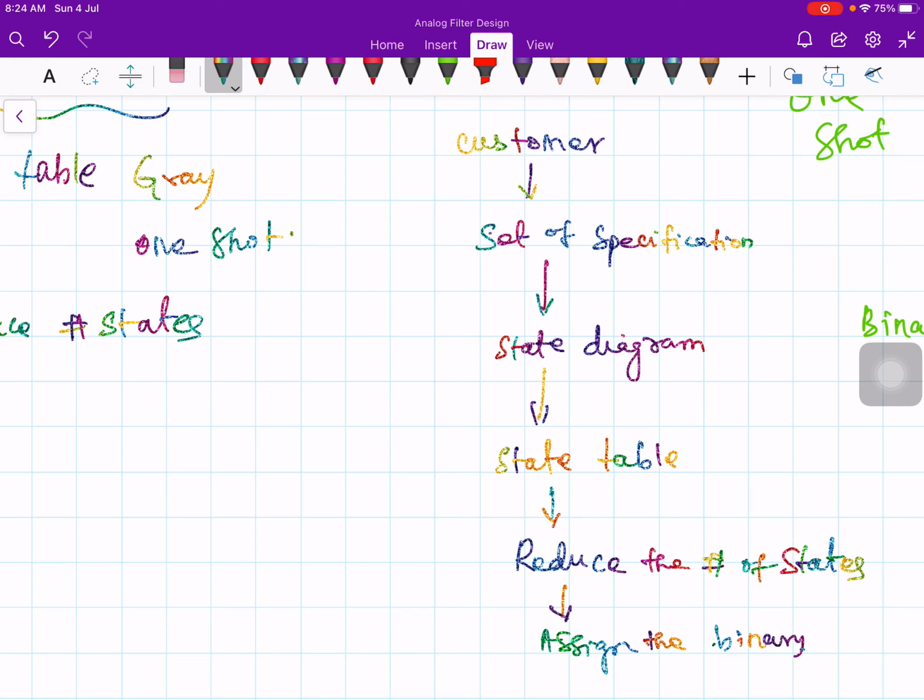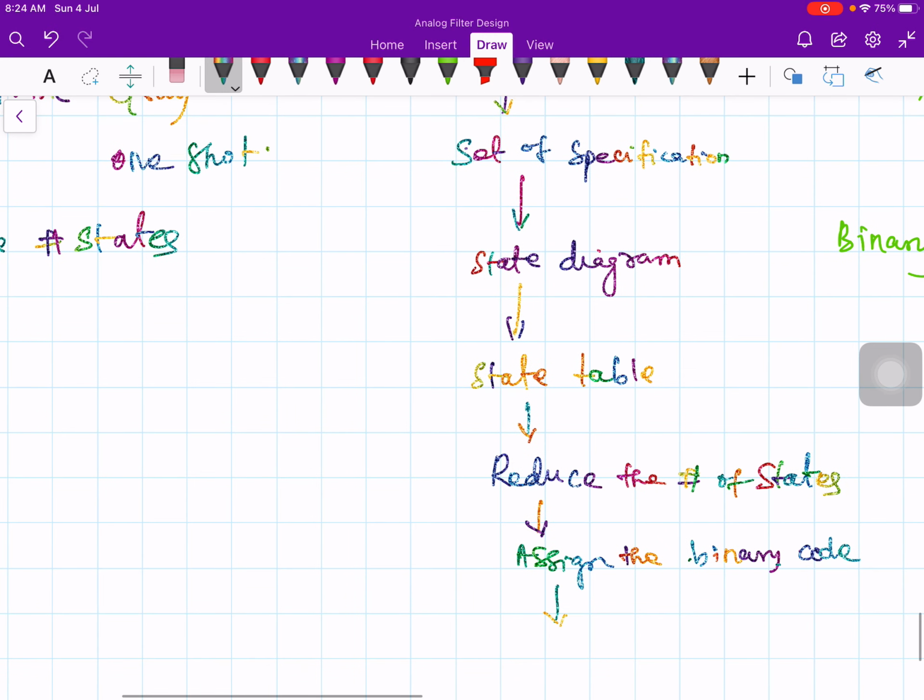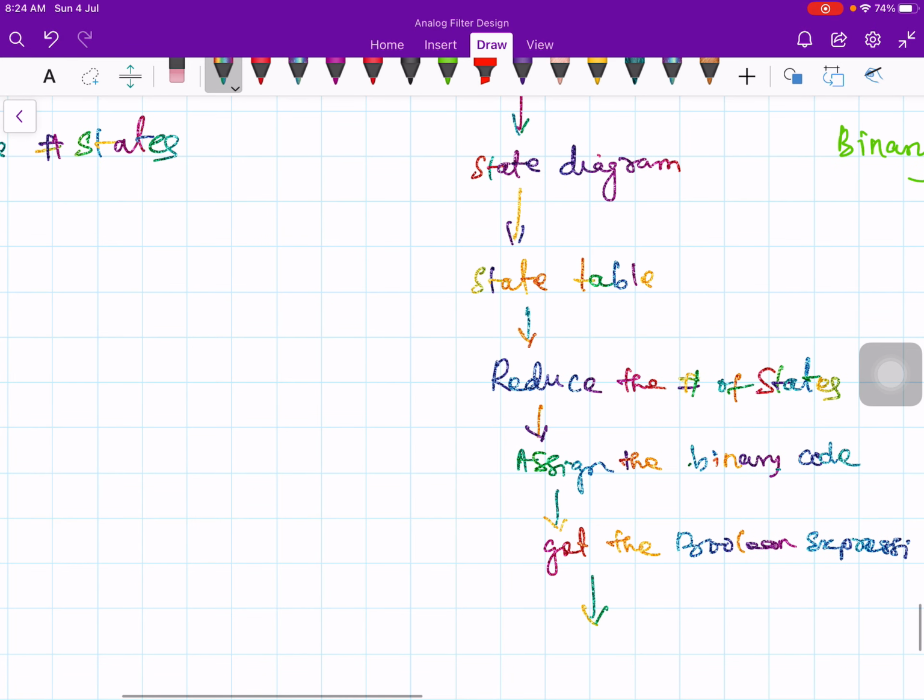Binary values in the sense you can use binary code or gray code or one-hot or whatever you like, and get the Boolean expressions, and then finally realize. These last two steps we'll discuss in the next lecture.